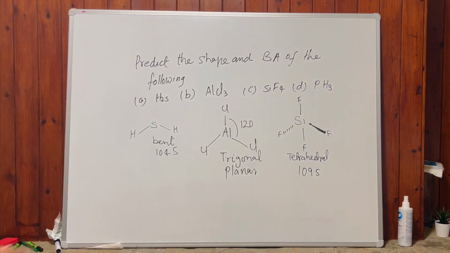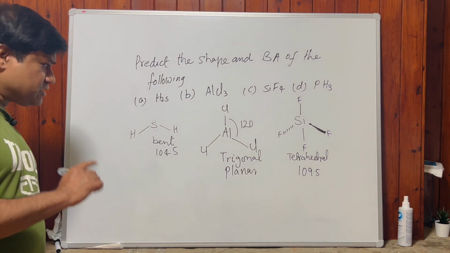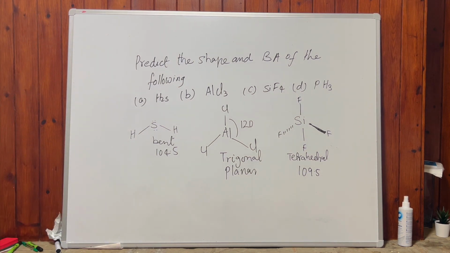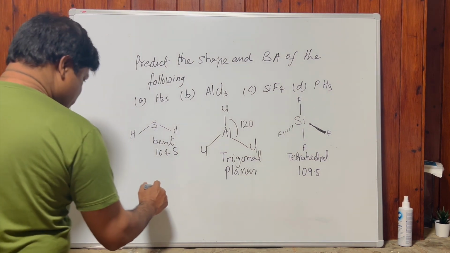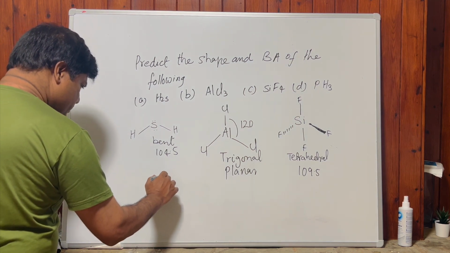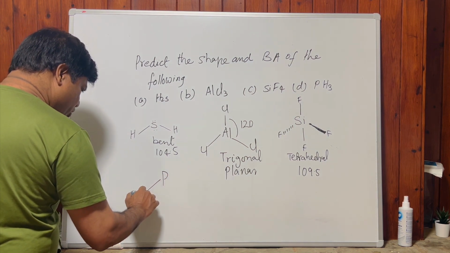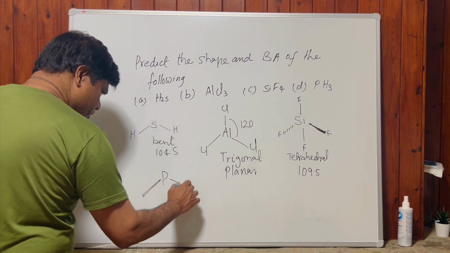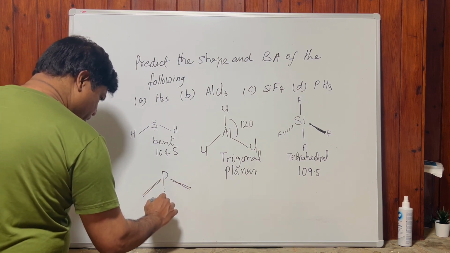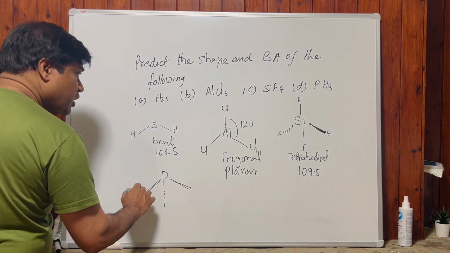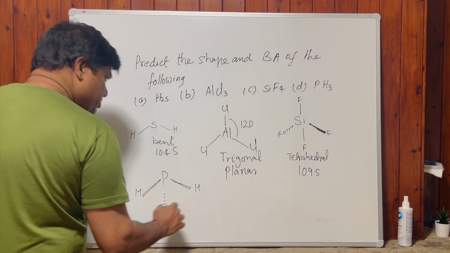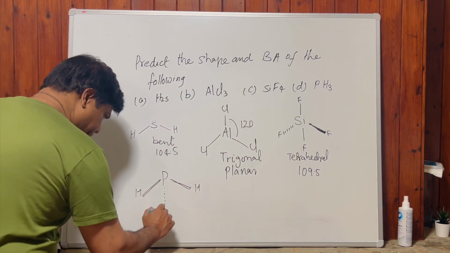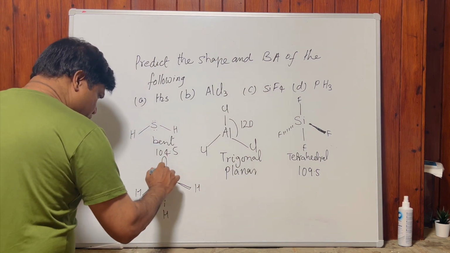Any guesses for PH3? PH3 is similar to the ammonia molecule. Phosphorus is the central atom, having 3 bonded pairs of electrons with hydrogen and 1 lone pair.